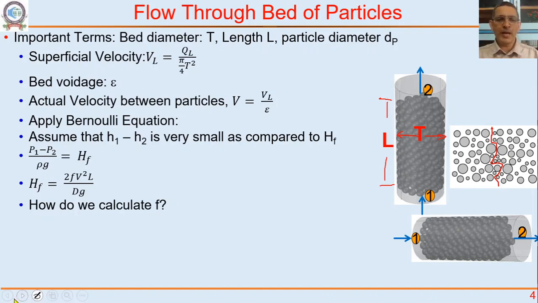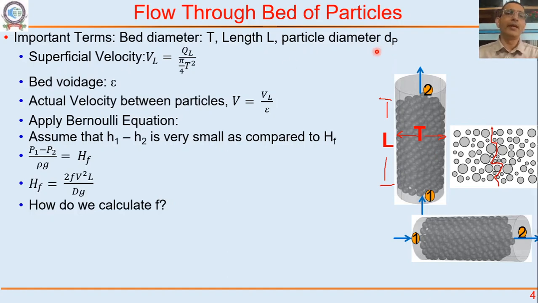Now, when flow is happening, let's say from bottom to top in this particular case, this flow has to go around these particles. So these particles may be uniformly sized, like here, or they may be irregular. Right now, we are going to say that all particles are of uniform size, and each particle has a diameter dp.